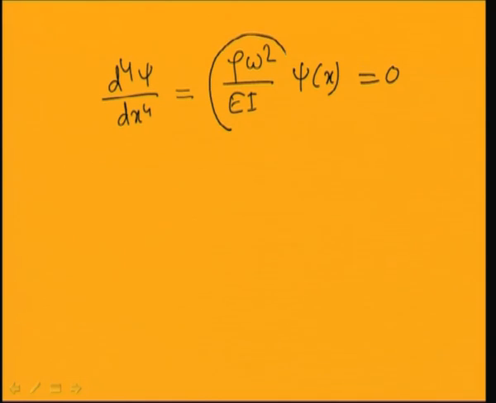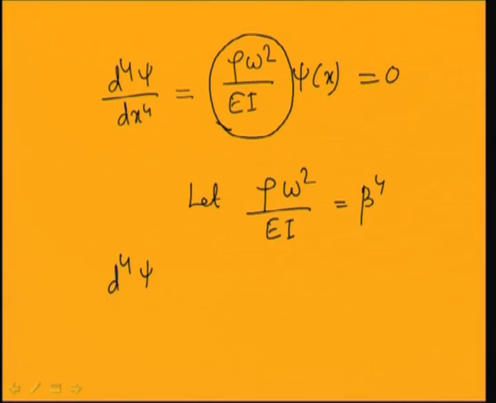Let us take this term, rho omega square by EI, equal to beta fourth. So, I can write this equation in this form: d fourth psi by dx fourth minus beta fourth psi x equal to 0.